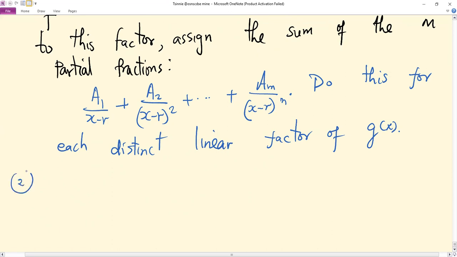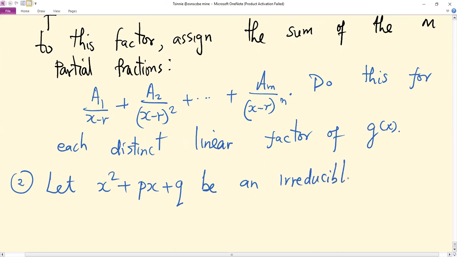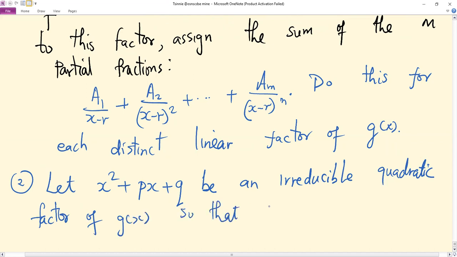Another one, let x squared plus px plus q be an irreducible quadratic factor of g of x, so that x squared plus px plus q has no real roots.